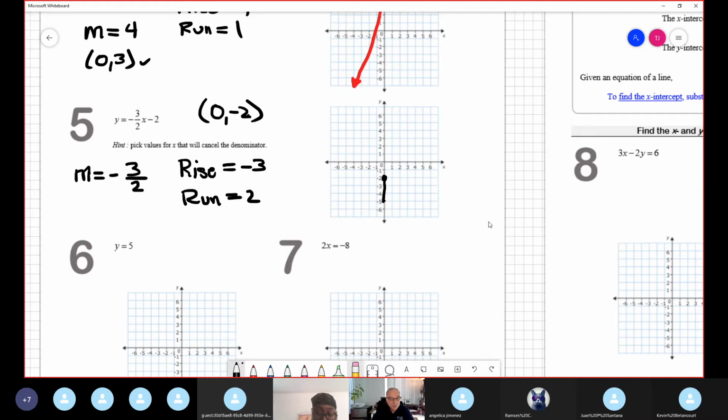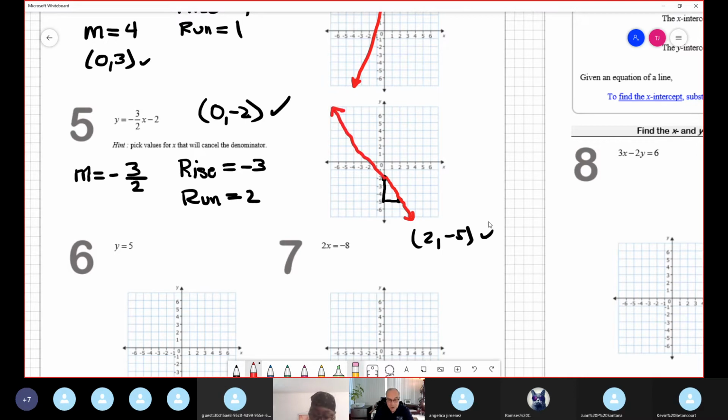We move in that direction. This is rise down, negative, and 2 to the right. Always run is to the right. And we get the second point, which is (2,-5). So we have two points: (0,-2) and (2,-5). Now ready to connect them by a straight line. Okay, it's exactly what we expect. It's going down because the slope is negative.